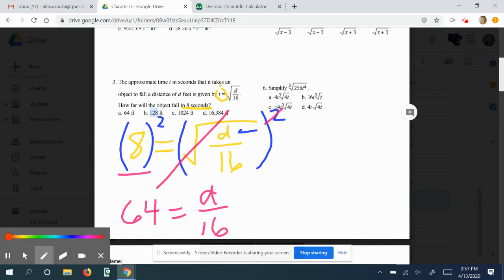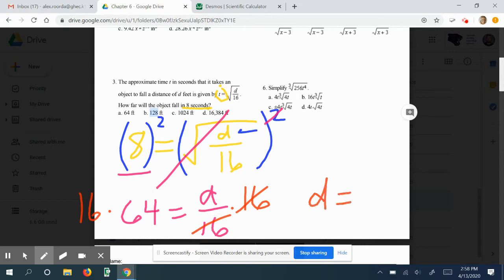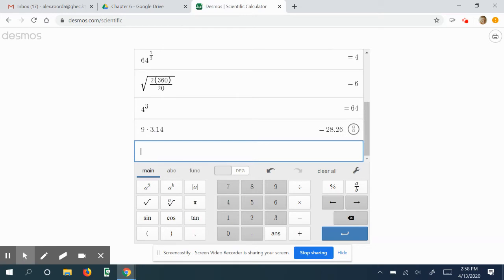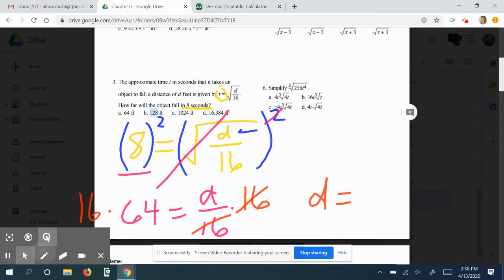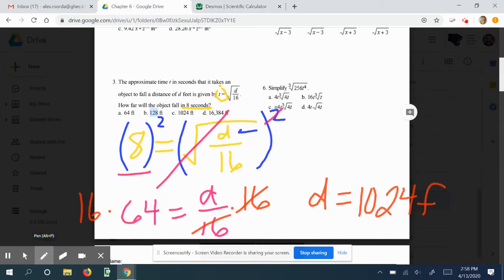We're going to undo the 16, so I multiply both sides by 16 so that they cancel out. I find that my distance is equal to 16 times 64. That's 1,024. So d is 1,024, and our distance is in feet. So that would be C for number 3.